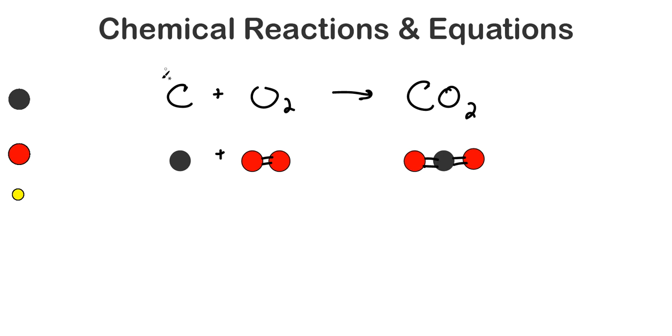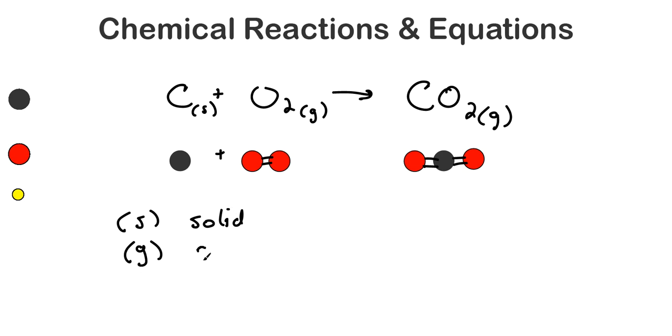So when this is written, there's a little S here, there's a little G here, and a little G here, all in parentheses. You'll learn, and we're going to use this a lot, S is solid. So carbon is a solid in this reaction. G, if you haven't guessed already, is gas. Oxygen and carbon dioxide in this reaction are a gas.